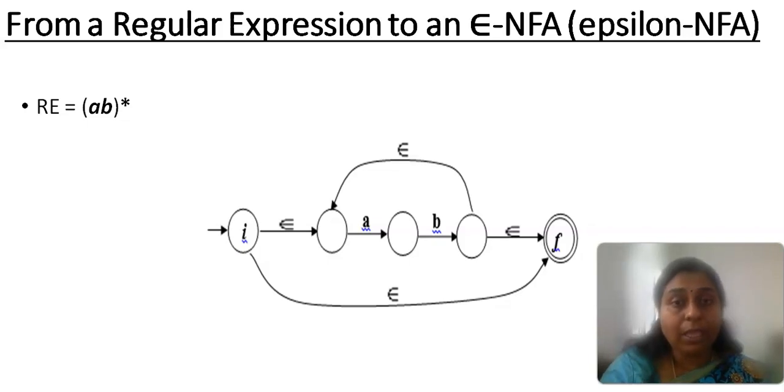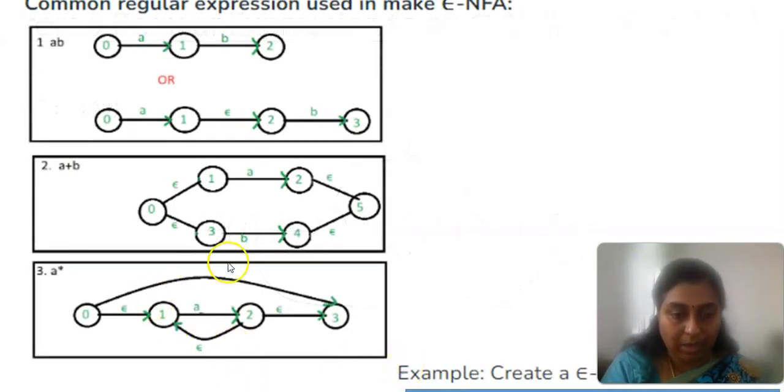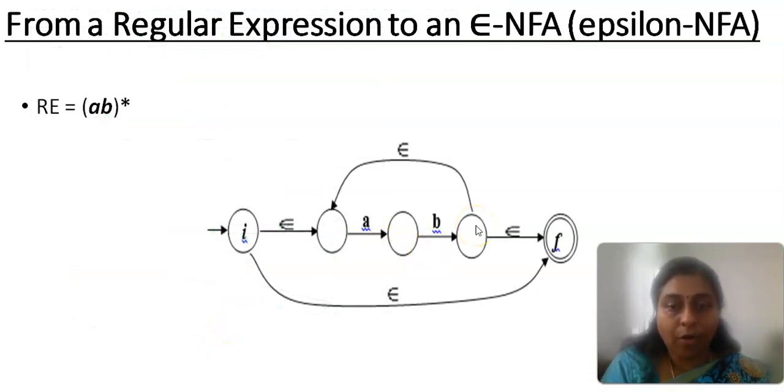And for the occurrence of the entire string AB, 0 or more number of times, we introduce the Kleene closure epsilon NFA transitions, in the form that you can see: a loop introduced from state 3 to state 1, and then for 0 times there is a direct arc labeled epsilon from the initial state to the final state.